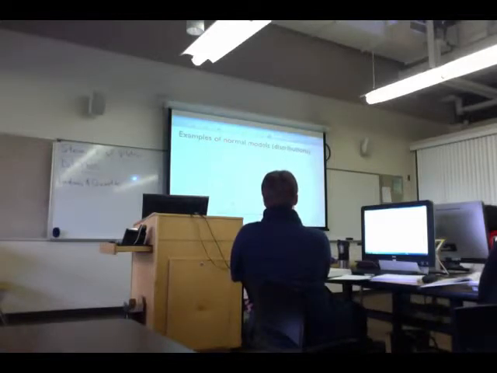In comparing the blue with the red and the green, basically their positions along the horizontal is determined by the first number. So the peak of this first normal model is above 0. For the second one, the peak is above 5. And for the third one, the peak is above 10.